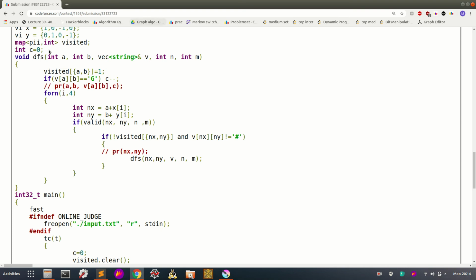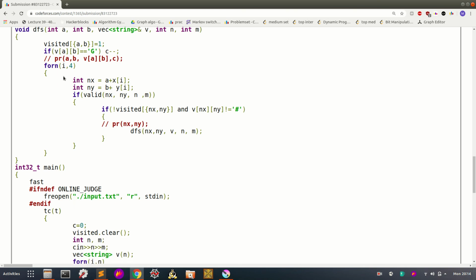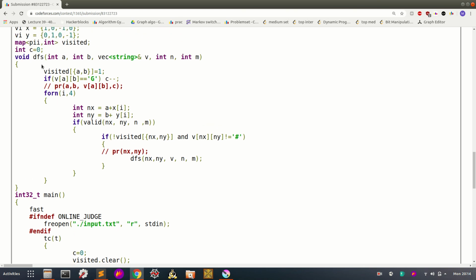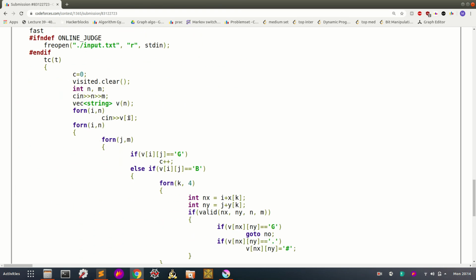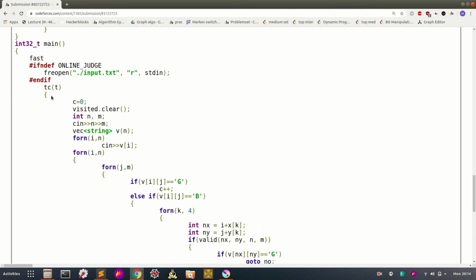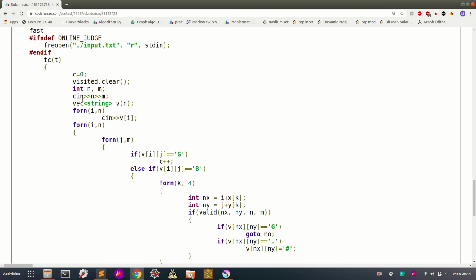This map is of pairs of integers, and it takes care of all the visited nodes in the matrix. And this c is a counter that counts the number of G's. All the test cases are given over here.